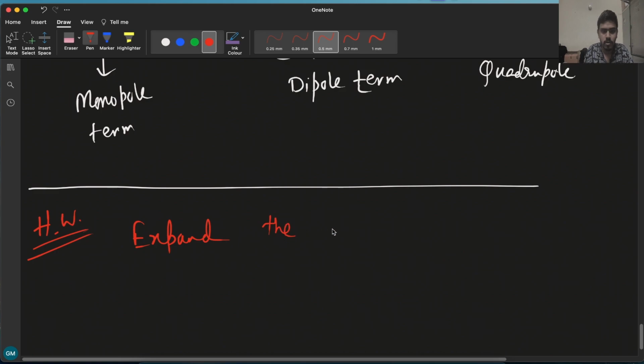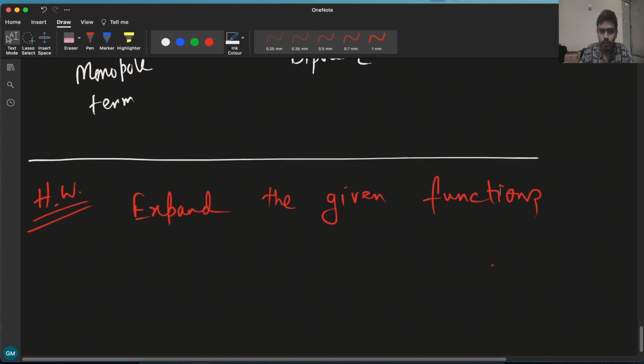These homeworks that I'm giving will be very helpful for the next class, where I will be talking about the orthogonality of functions.